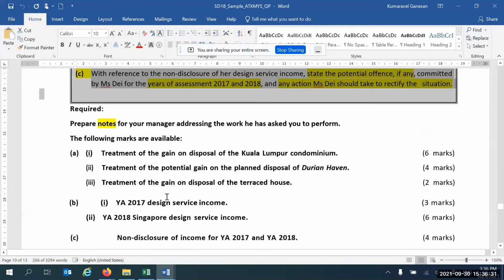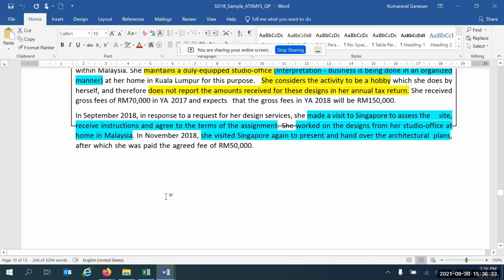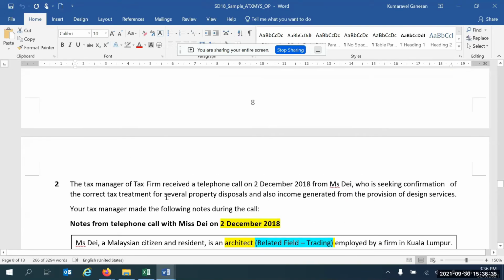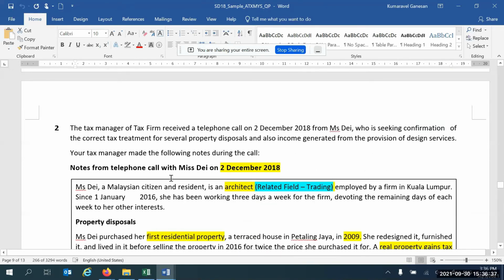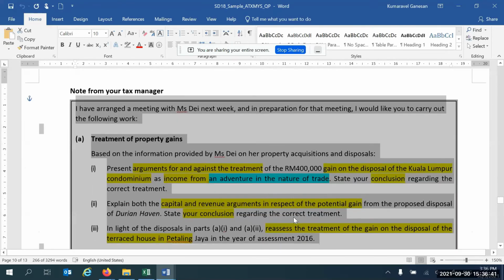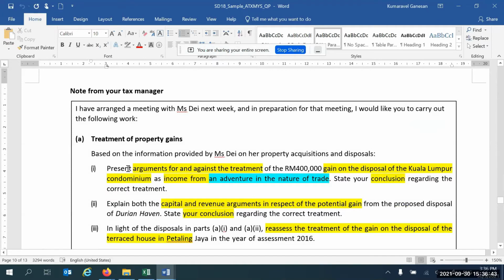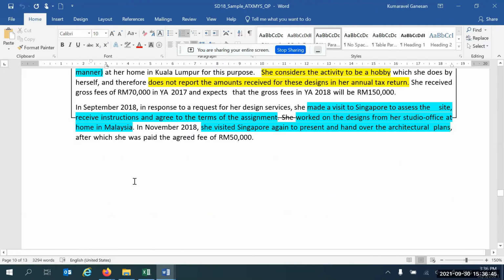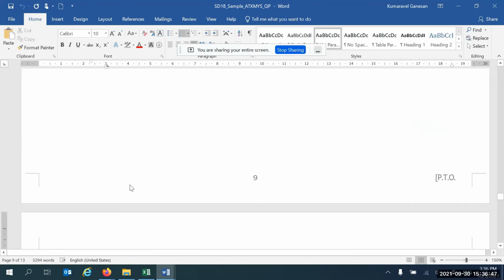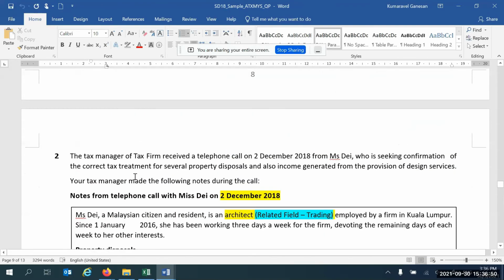Now, nowadays they are very kind. I have told you many times, it's actually not really necessary to read the whole thing. Last time in paper-based exams, I told the students to read the whole thing.